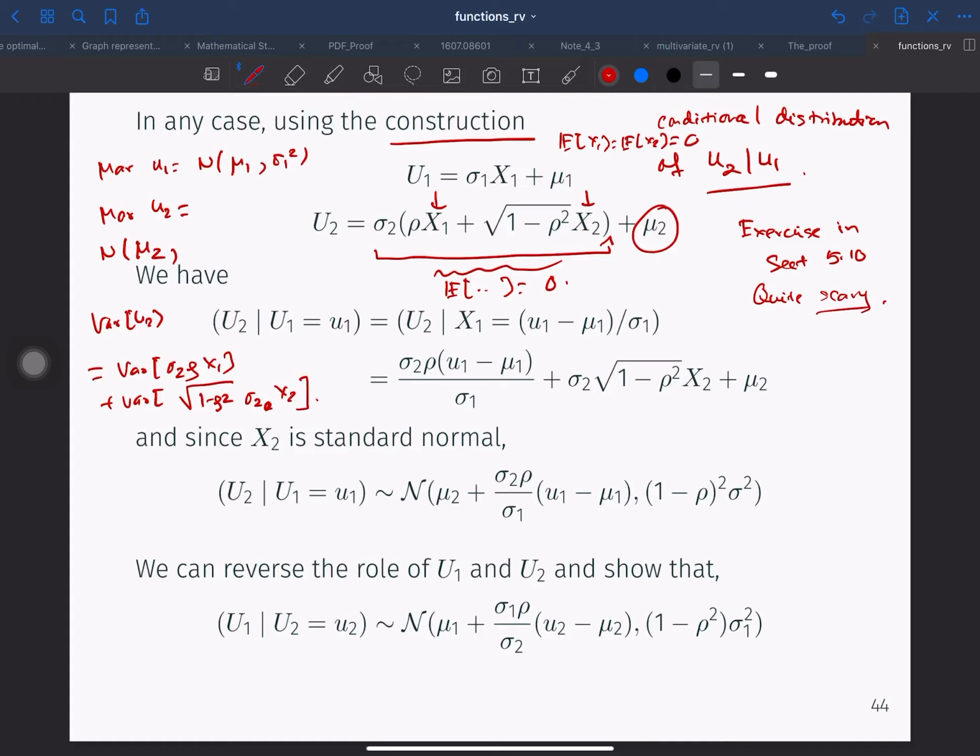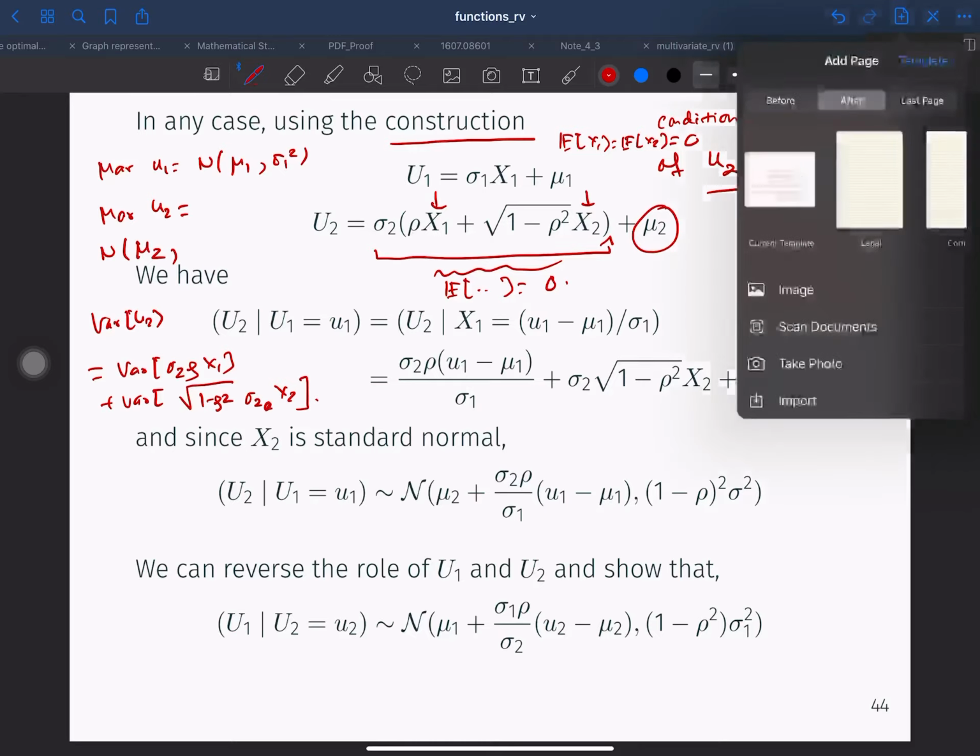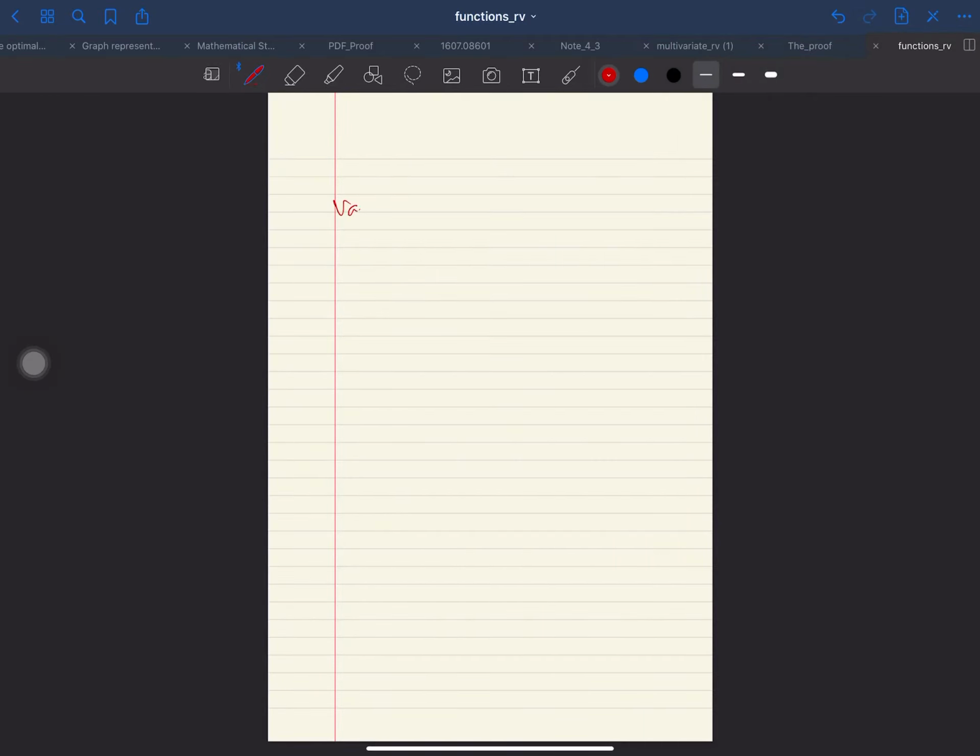And that should be, as we can easily see, just to write out, variance of u2 is variance of sigma 2 rho x1 plus variance of sigma 2 square root 1 minus rho squared x2. And by independence, that's just going to be sigma 2 squared rho squared variance of x1 plus sigma 2 squared 1 minus rho squared times variance of x2.